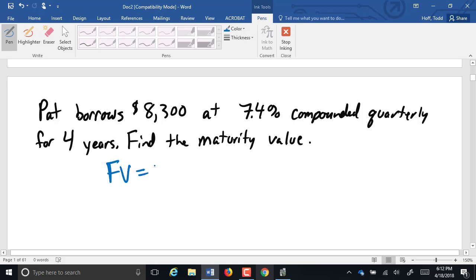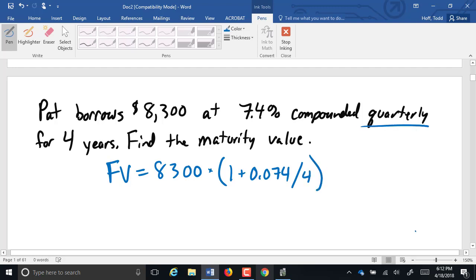Let's take a look. So our future value is 8,300 times, yes, in parentheses, 1 plus 0.074, divided by, it's quarterly, so divided by 4 to the power of 4 times 4. 4 is the N, and 4 is the number of years as well.